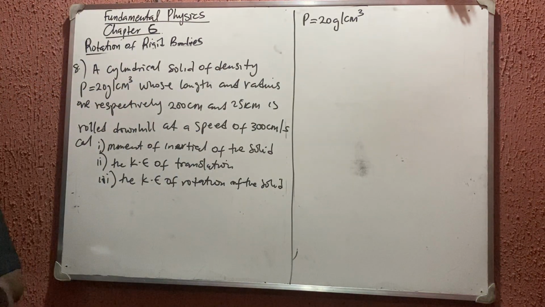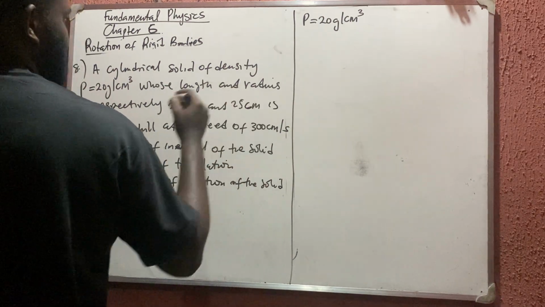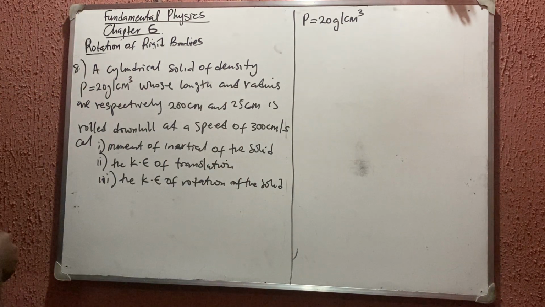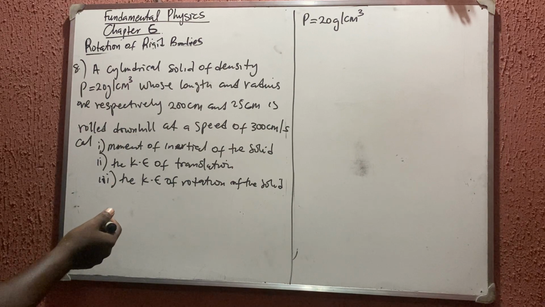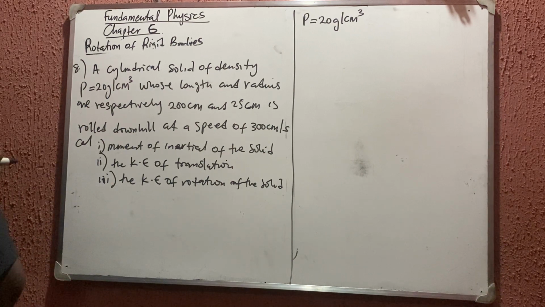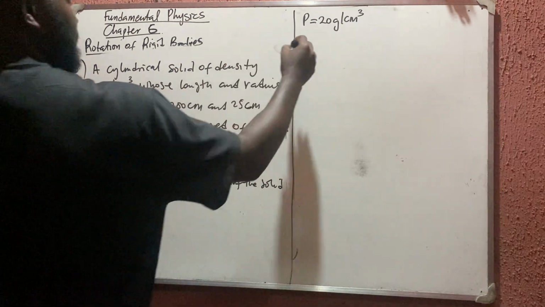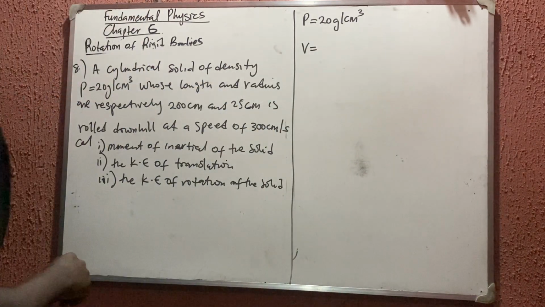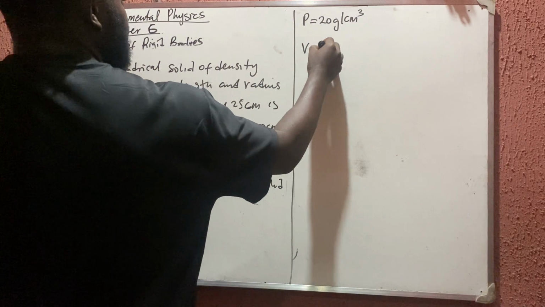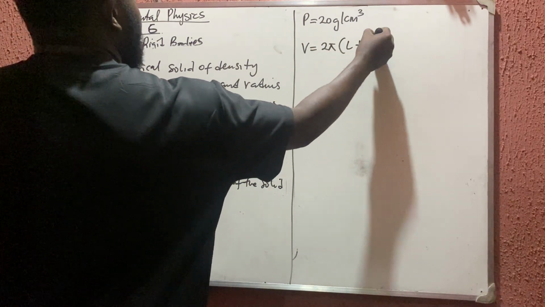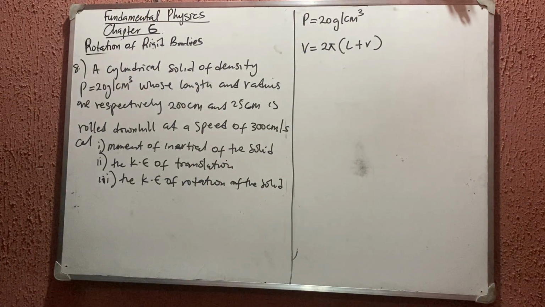Were we given the mass? This is cm, not km. The mass is not given. Are we given the volume? No, but we can calculate the volume. We know the formula for the volume. So the volume of the cylinder can be gotten as 2 pi L plus R. I want my radius to be in cm, so since this one is in cm, let me not stress myself.